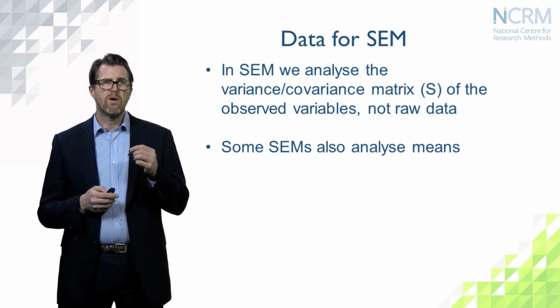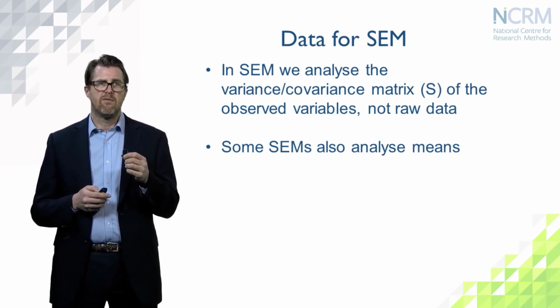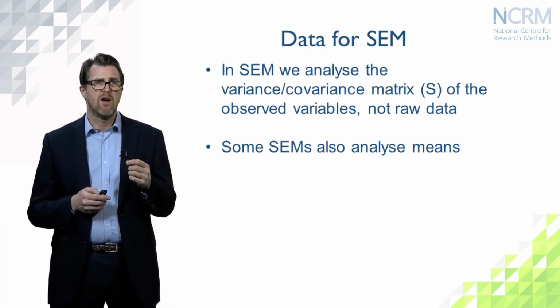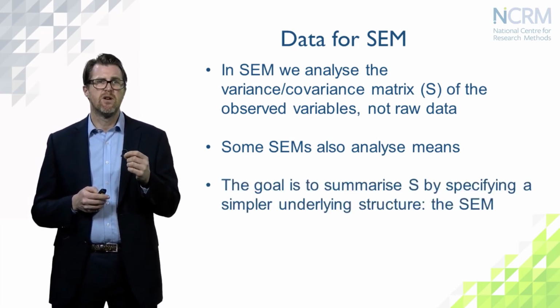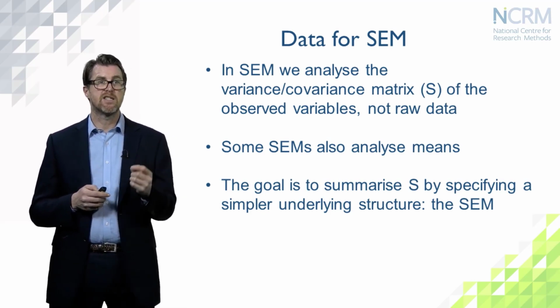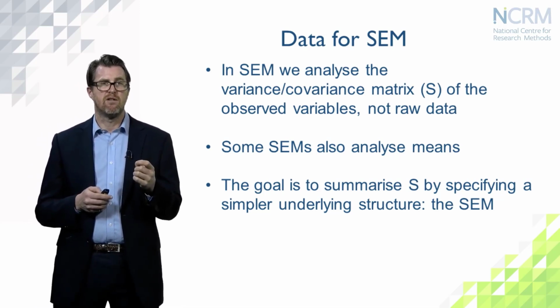So what are we doing with this variance-covariance matrix? Well, in broad terms, we are trying to summarise S, the variance-covariance matrix of the observed variables, by specifying a simpler underlying structure.